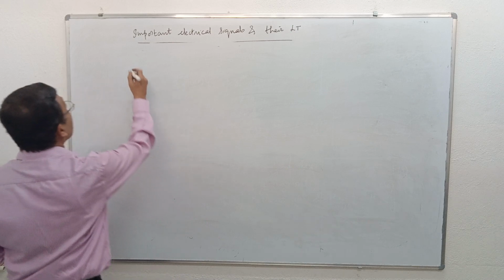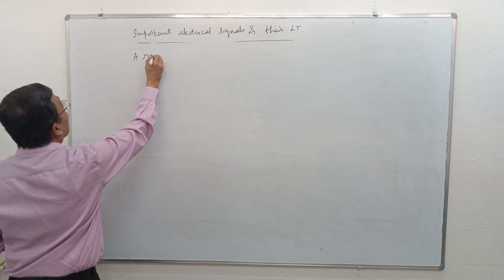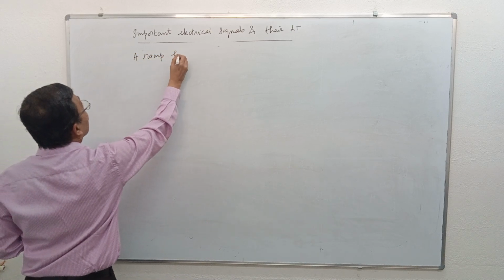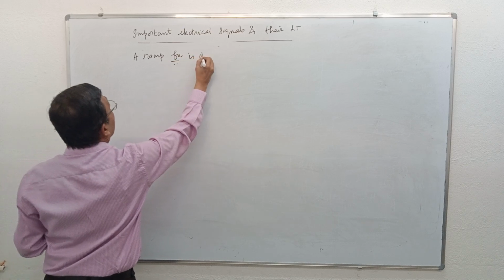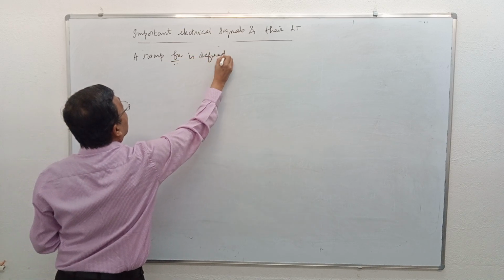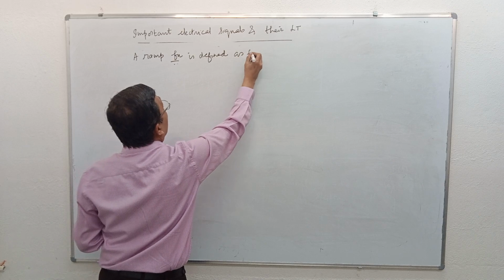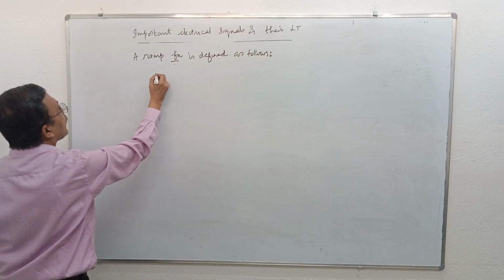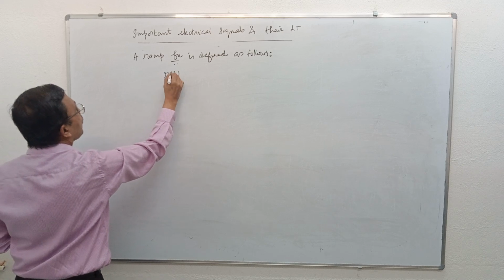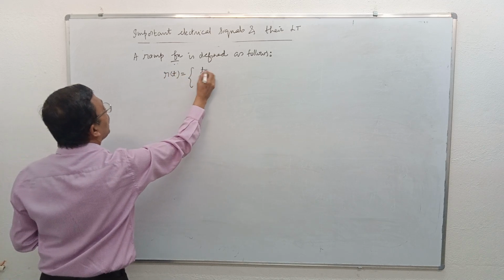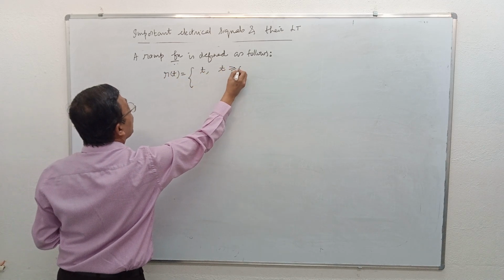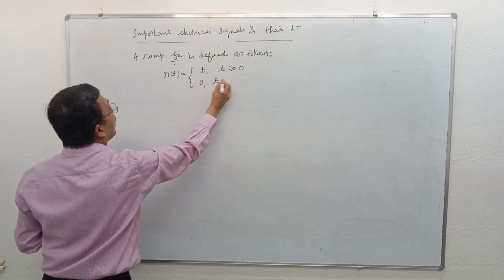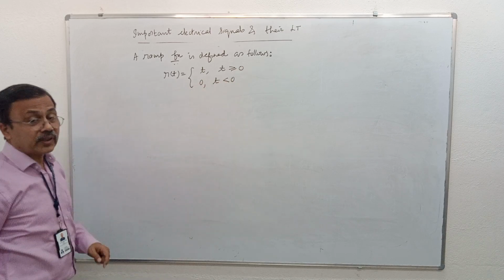A ramp function is defined as follows. R of t is equal to t for t greater than or equal to 0, and 0 for t less than 0.